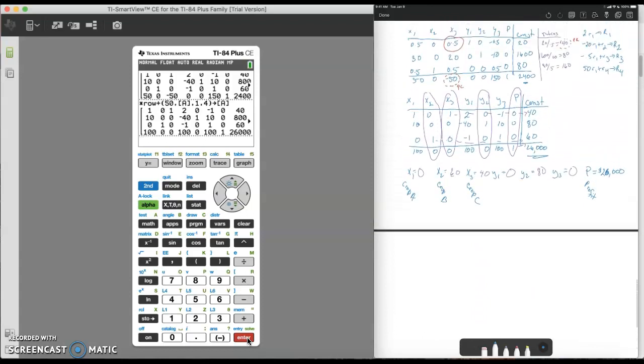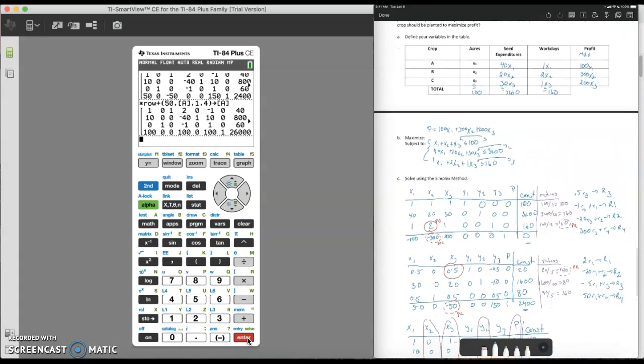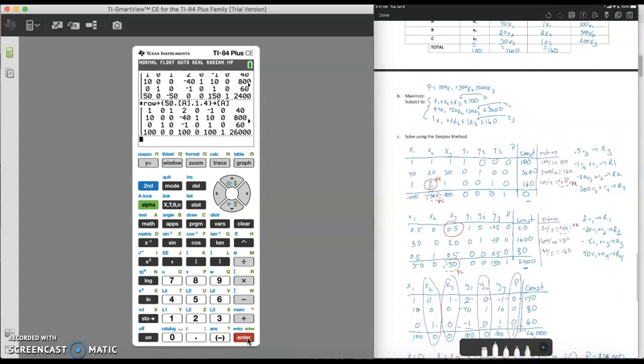If we go back, way back to the beginning, his seed money came from that second equation.